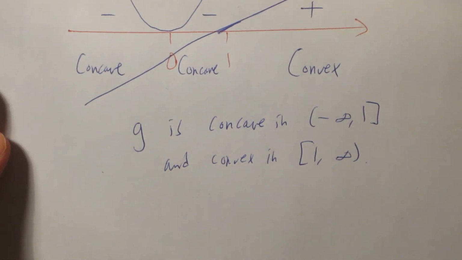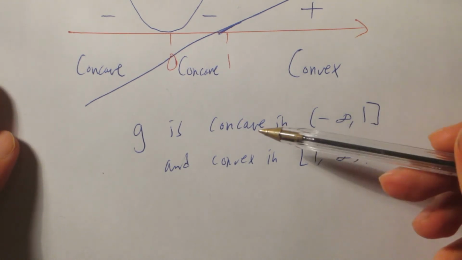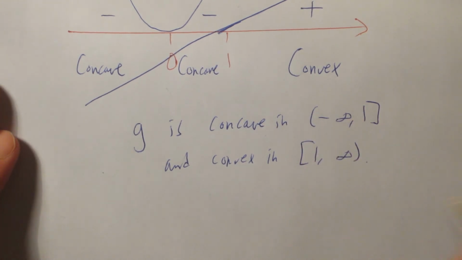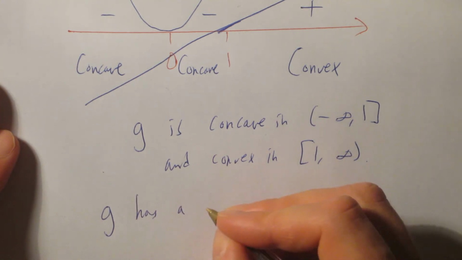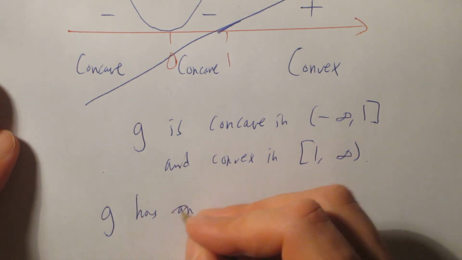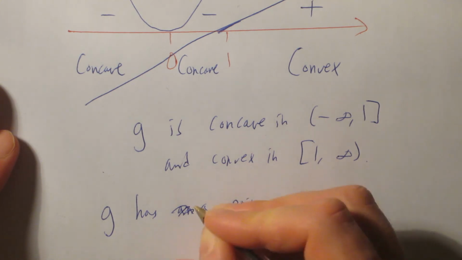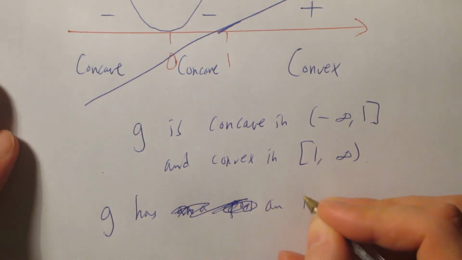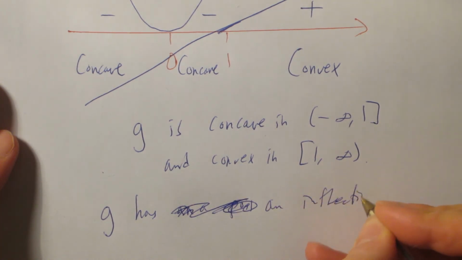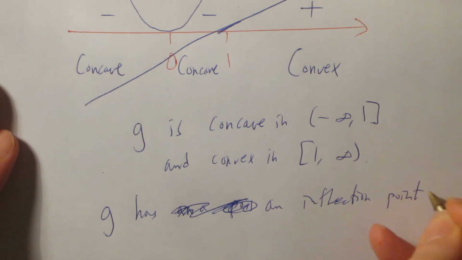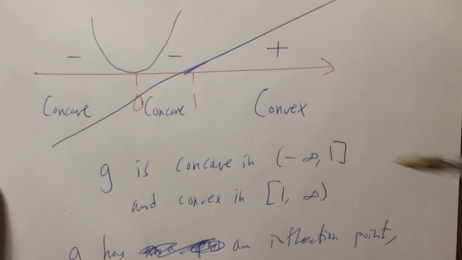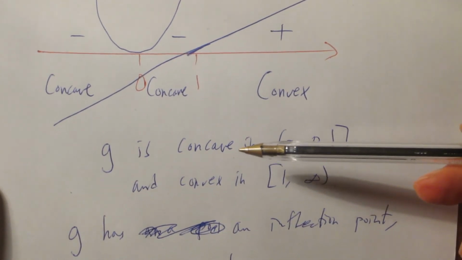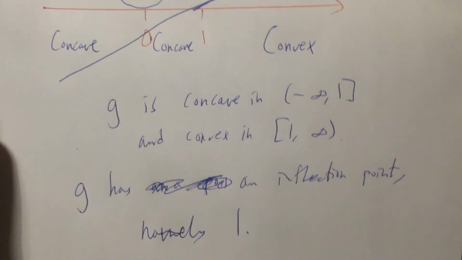And actually y is strictly concave here and strictly convex here, and we see that y has an inflection point, namely 1, because at 1 the function changes from being strictly concave to being strictly convex.